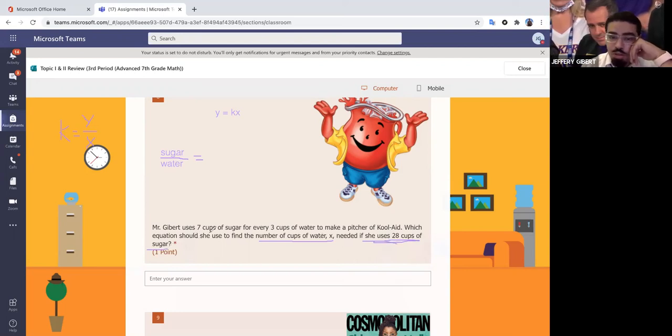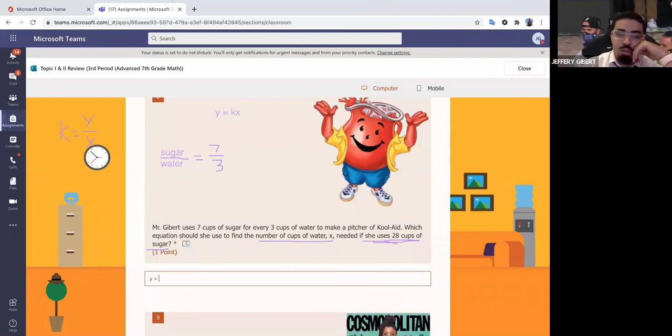All you need to do is look at the first sentence. So how many cups of sugar are there? 7. How many cups of water are there? 3. So that means our k is 7 over 3. So our correct answer is going to be y equals 7 over 3x.